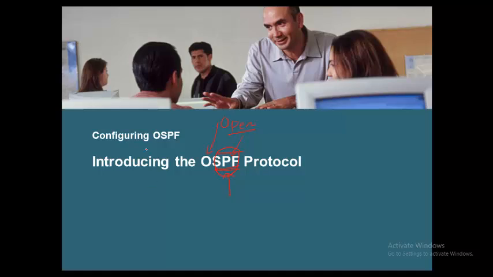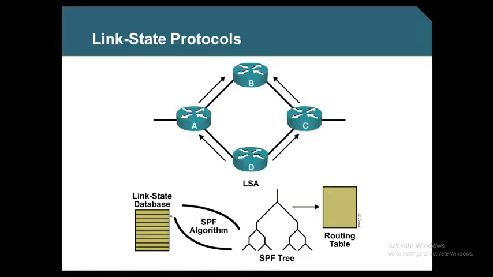Yeah, so let's learn about this protocol. As I said, the routers will advertise link state information to one another. But when will this advertisement be done?